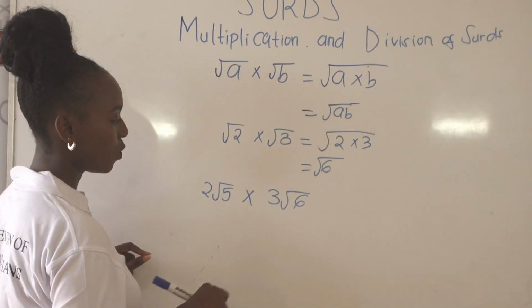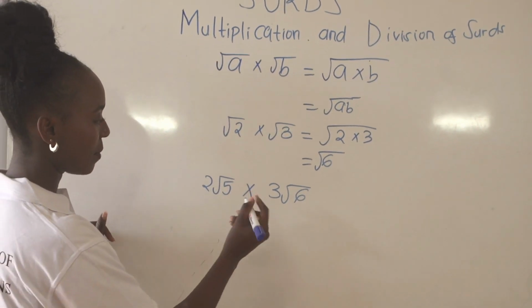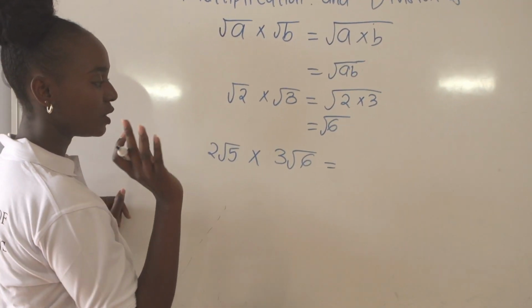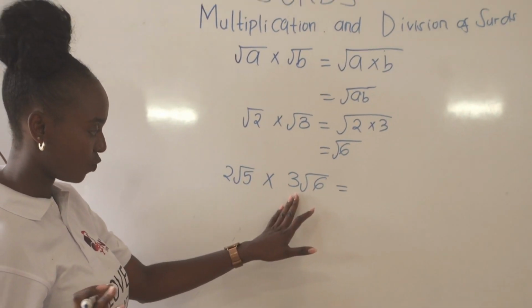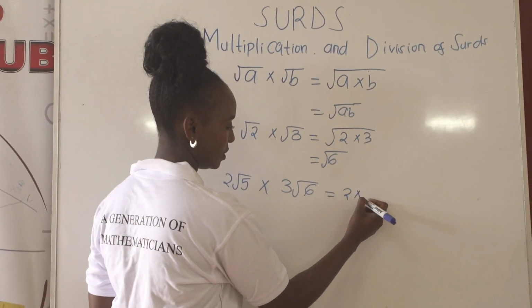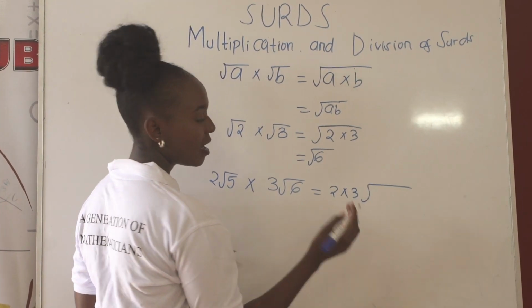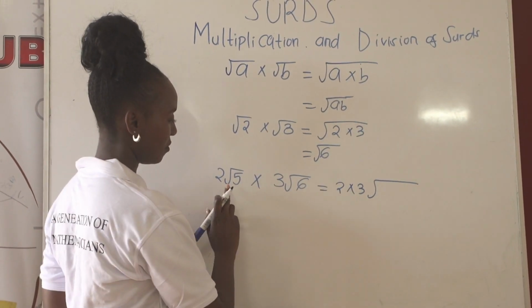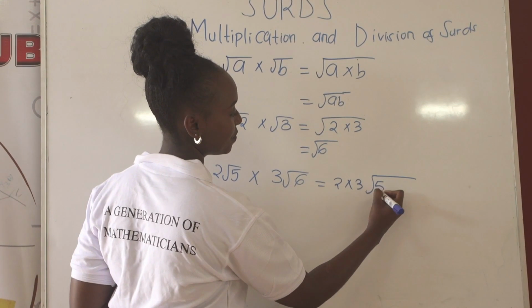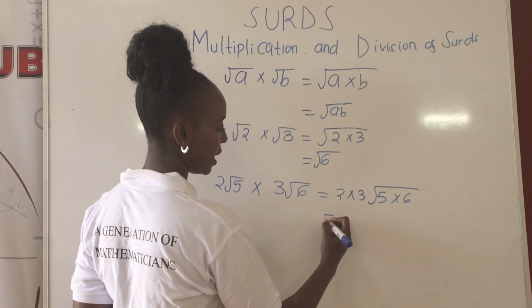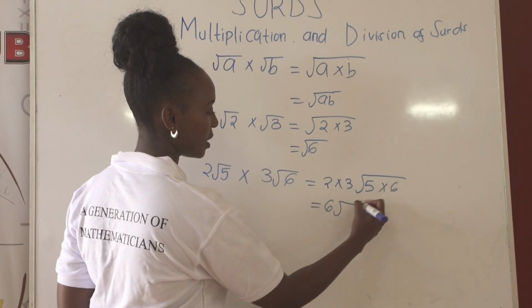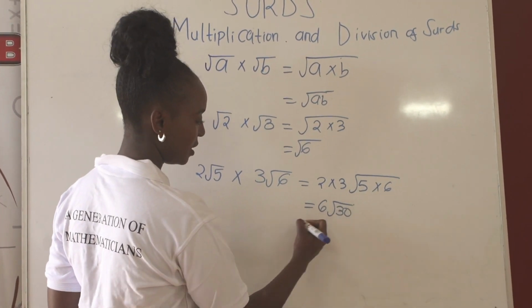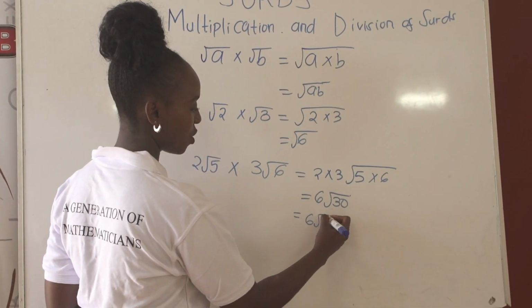What you do is take the values outside, that is 2 times 3, then the values under the root sign, 5 times 6. So 2 times 3 becomes 6, 5 times 6 is 30, so that is 6 root of 30.